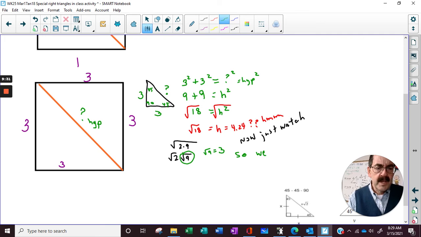So we can say the square root of 18 is equal to 3 square roots of 2.